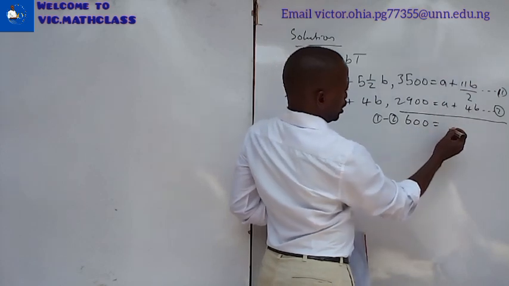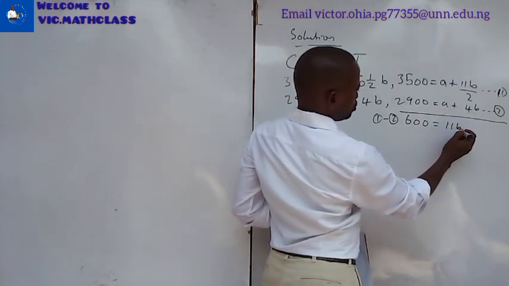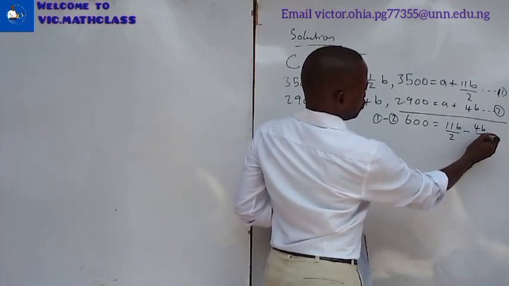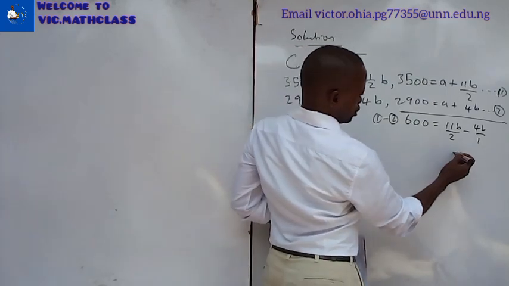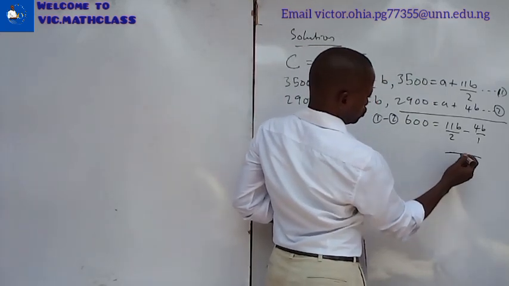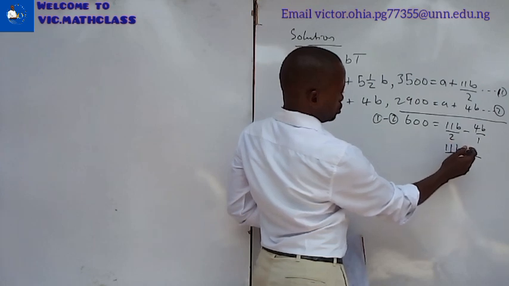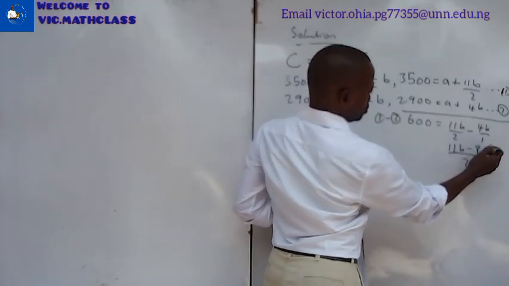Then I have 11B over 2 minus 4B over 1. You see that? So that I can take the LCM, which is 2. 2 divided by 1 times this is 11B, minus 1 divided into 2 is 2, 2 times this is 8B.